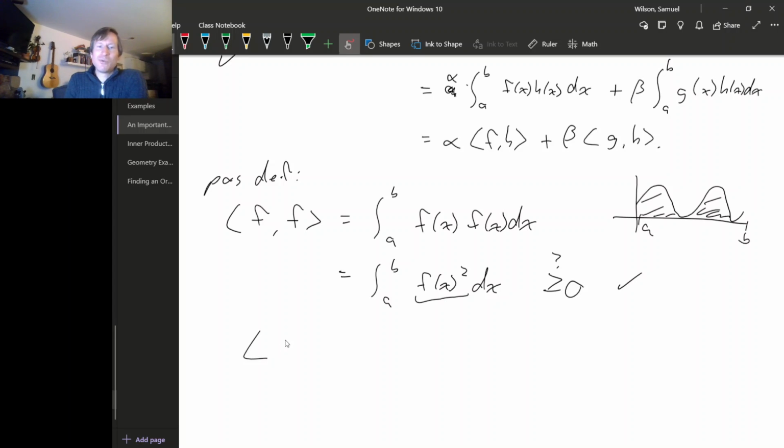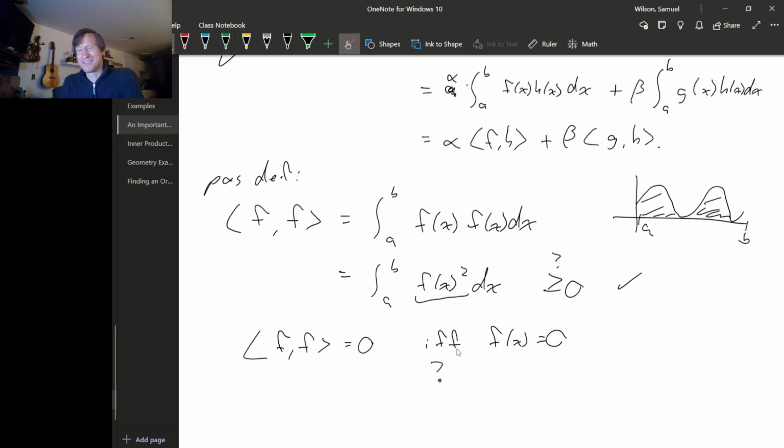Okay, well now what about the last condition for positive definite, which is that the inner product of f with itself be 0 if and only if f itself is the 0 function. So is this true? Now, iff is an abbreviation for if and only if.